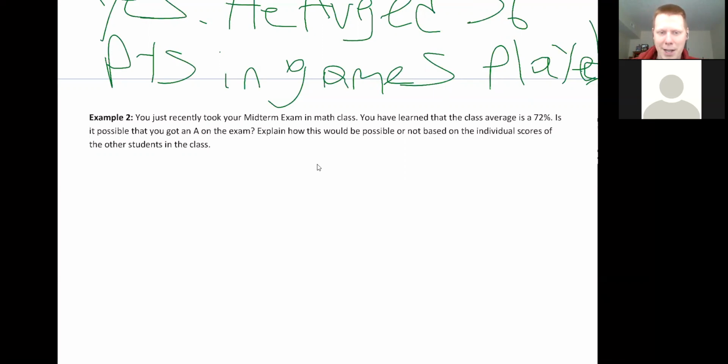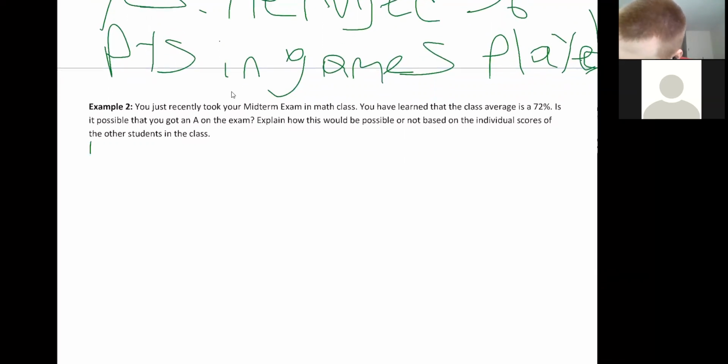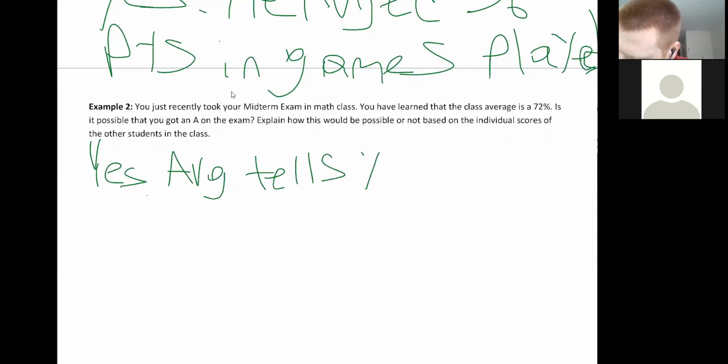That would average out to 20% if everyone completely bombed it and then maybe one kid did well. Unlikely, but it could happen for sure. So yes, it would be possible. And one thing, your average tells you nothing about individuals.